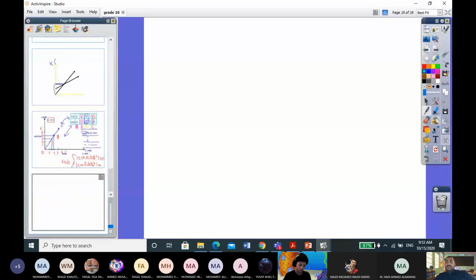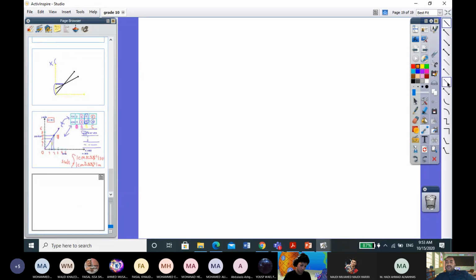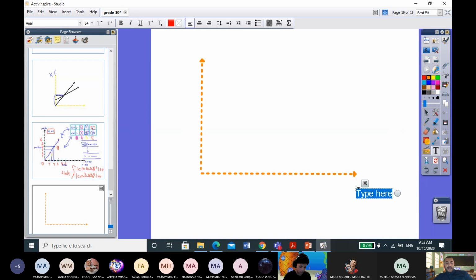You all know, guys, that the x-axis is always here. Let's say the x-axis is this, always having the x-axis on the horizontal and the y-axis on the vertical, always like this. But sometimes, I'm saying sometimes, you may see that the y-axis is here and the x-axis is here.